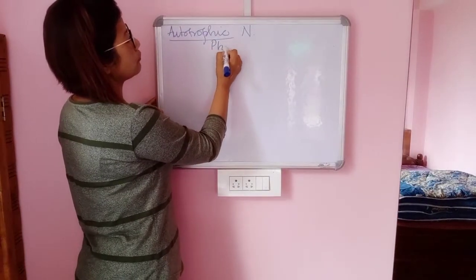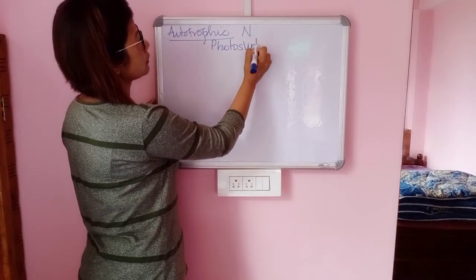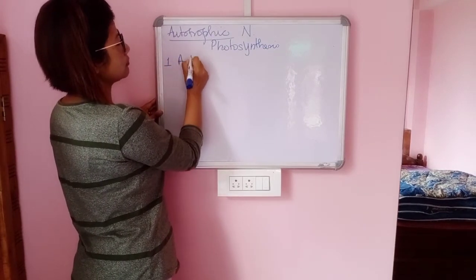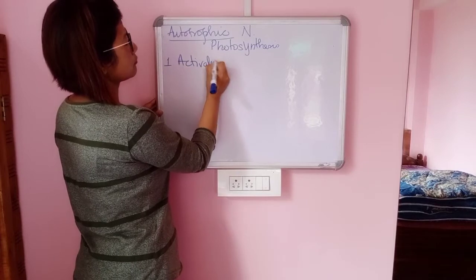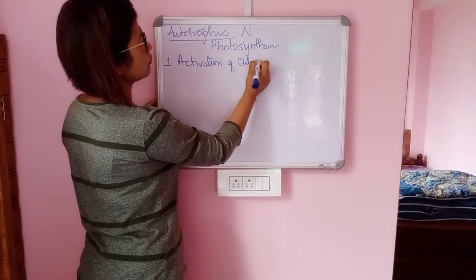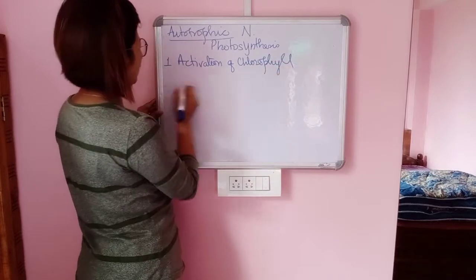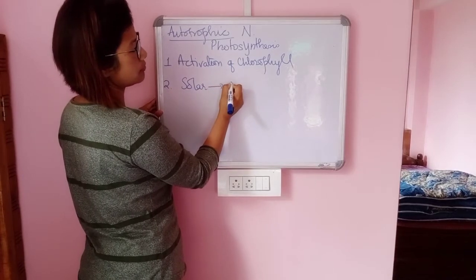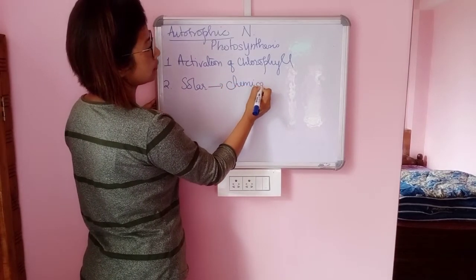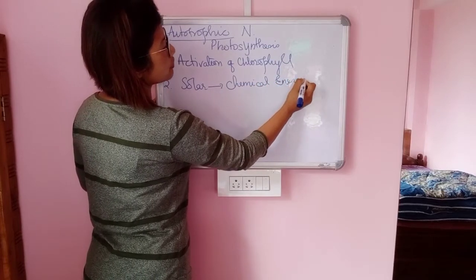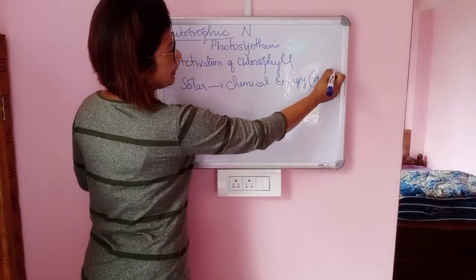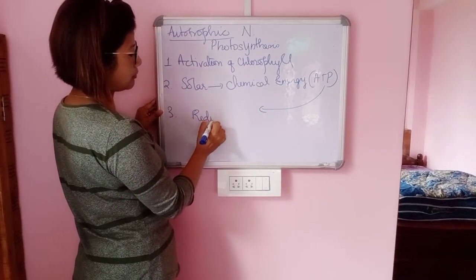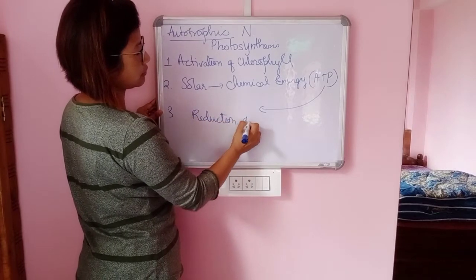In photosynthesis, I told you number one is activation of chlorophyll, and number two is solar energy is converted into chemical energy, which is in the form of ATP, and this ATP is used in the third step, that is reduction of carbon dioxide.